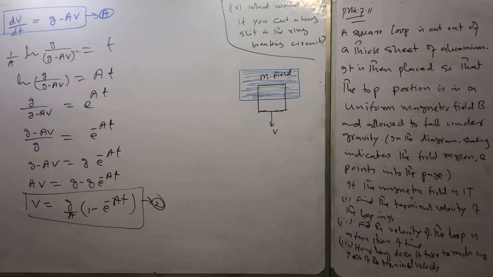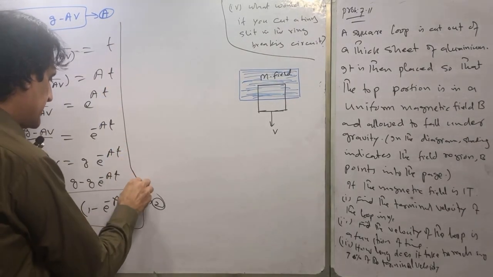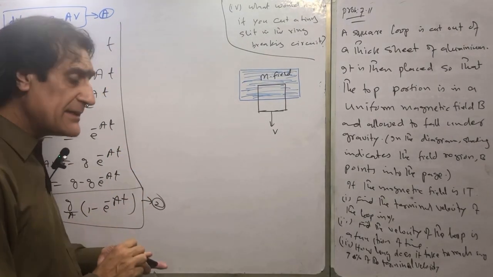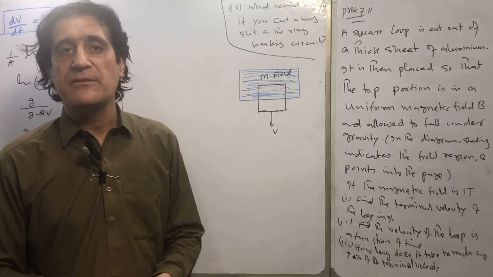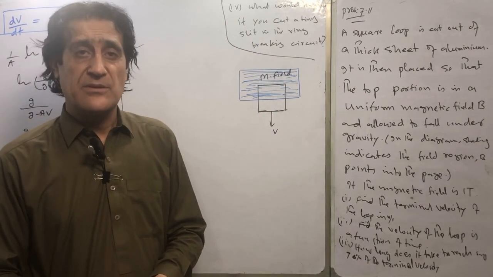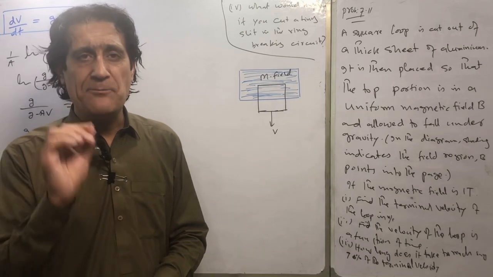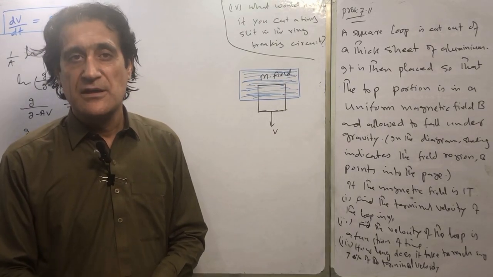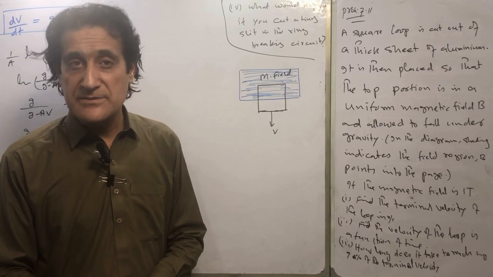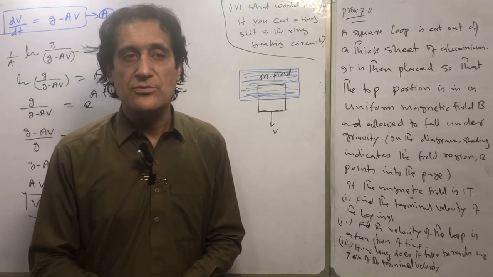It should be noted that at terminal velocity, the acceleration goes to 0. Terminal velocity is the maximum velocity attained when a body is moving from some height. At the maximum velocity, the velocity remains constant and the acceleration goes to 0.